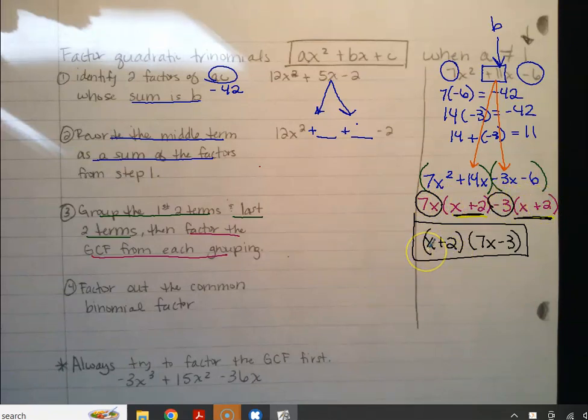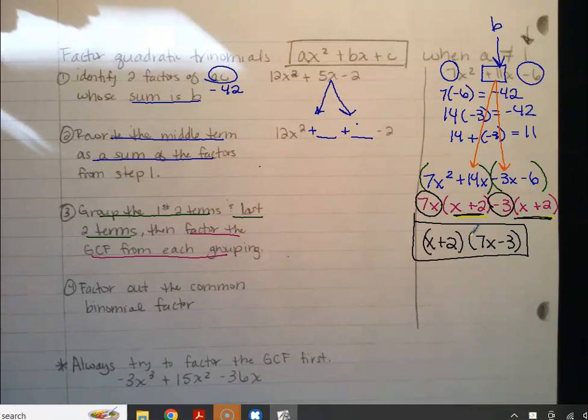So when we turn around and FOIL later to check, we're going to get back to what we started with, the 7x squared plus 11x minus 6. You want to see it FOILed? Sure. Okay.